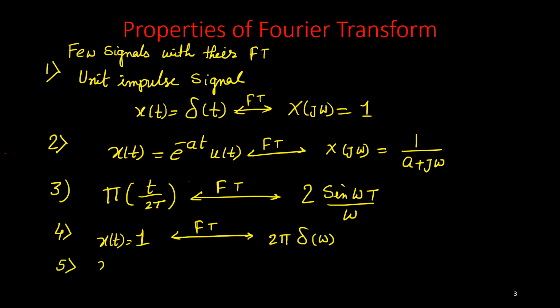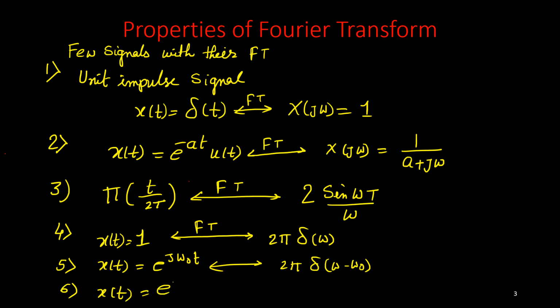Fifth, x(t) is e to the power j omega naught t, its Fourier transform is 2 pi del omega minus omega naught. Sixth, again exponential but negative, e to the power minus j omega naught t, then it is 2 pi del omega plus omega naught.